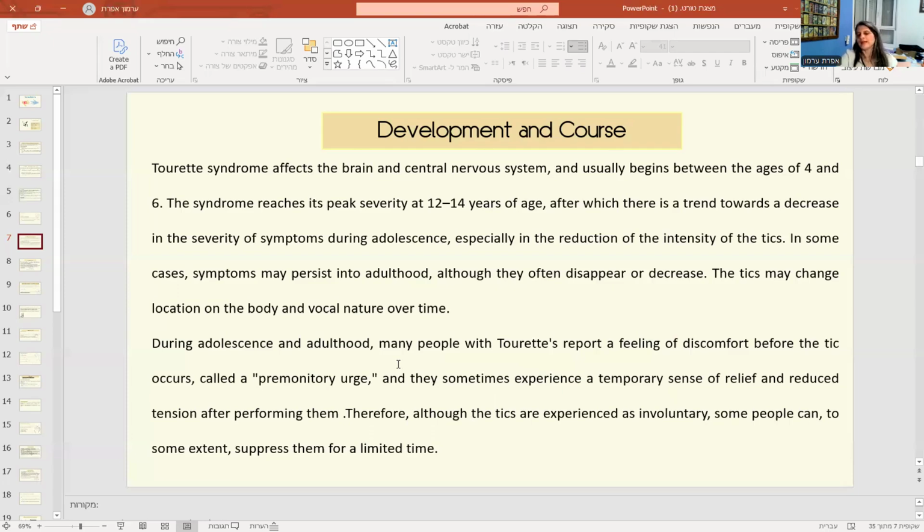I have to tell you, the man I know is a grandfather today, and still has this syndrome, and it decreases. He takes pills and medications that the doctor gave him, but he has the motor and the vocal tics.